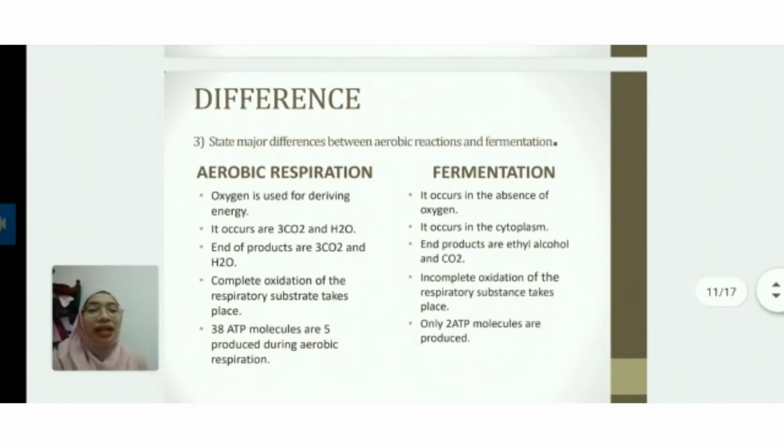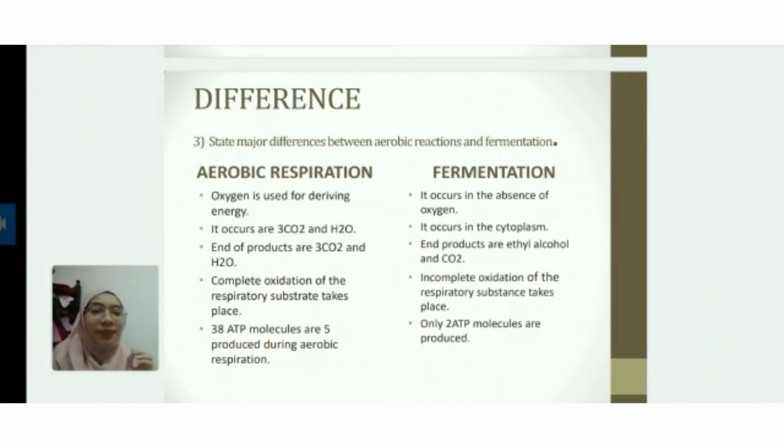Third, differences. The question is to state major differences between aerobic respiration and fermentation. In aerobic respiration, oxygen is used for deriving energy, but fermentation occurs in the absence of oxygen.